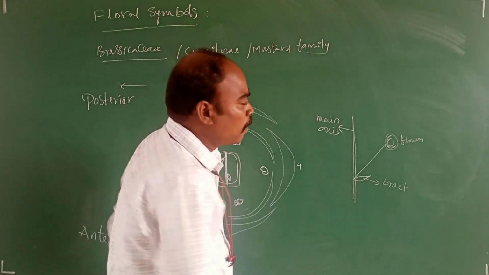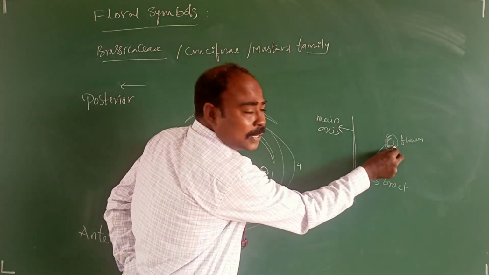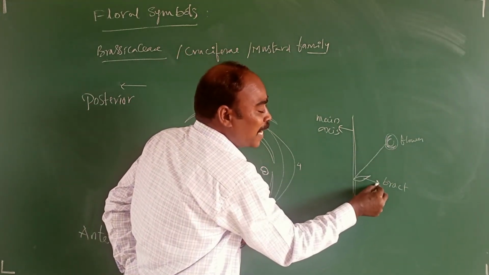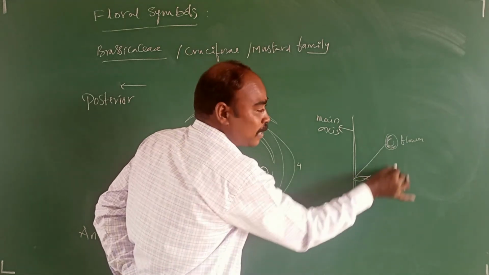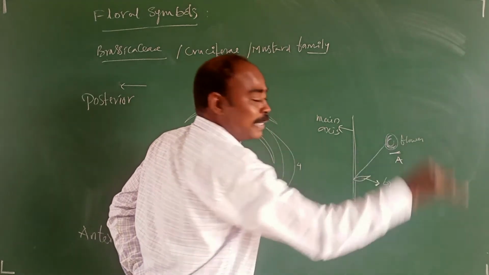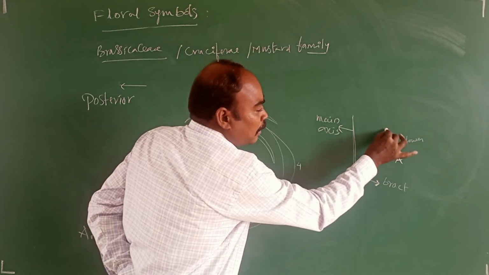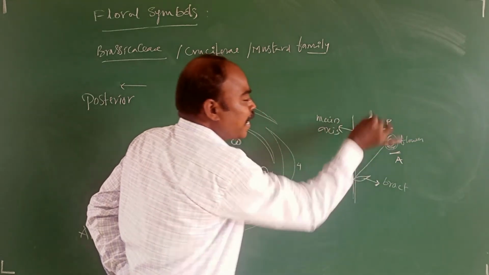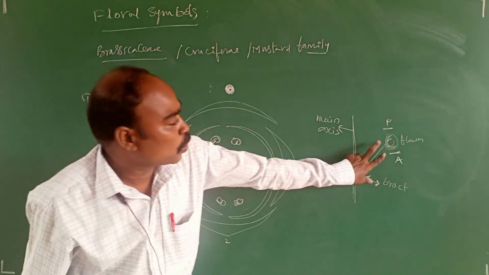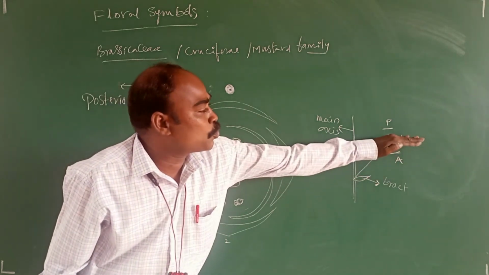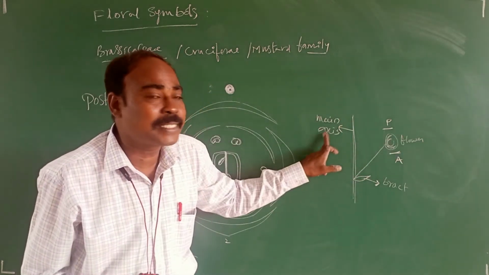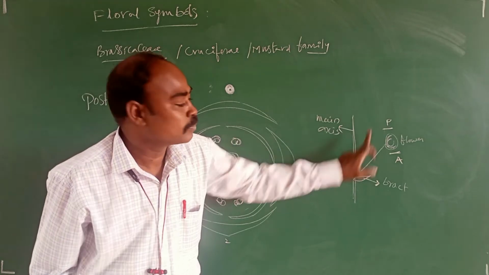Main axis. The part of the flower towards the bract is said to be anterior. The part of the flower towards the main axis is called posterior. So in a flower, the portion present towards the main axis is called the posterior end.